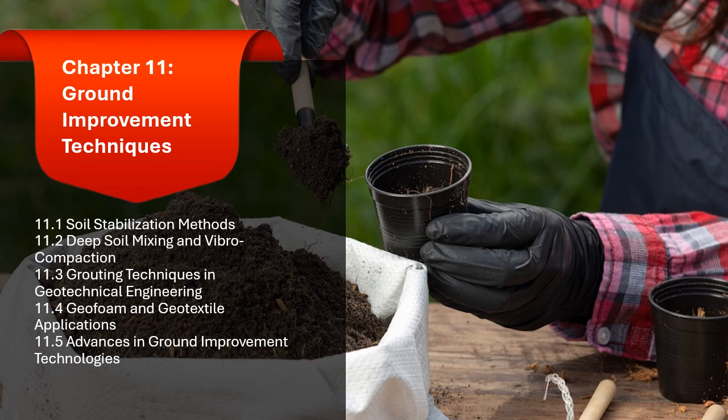Speed of application. DSM is a slower process due to mixing and curing time. Vibrocompaction is faster compared to other techniques. Cost. DSM can be more expensive due to binder costs and machinery. Vibrocompaction is generally cost-effective for large-scale projects.